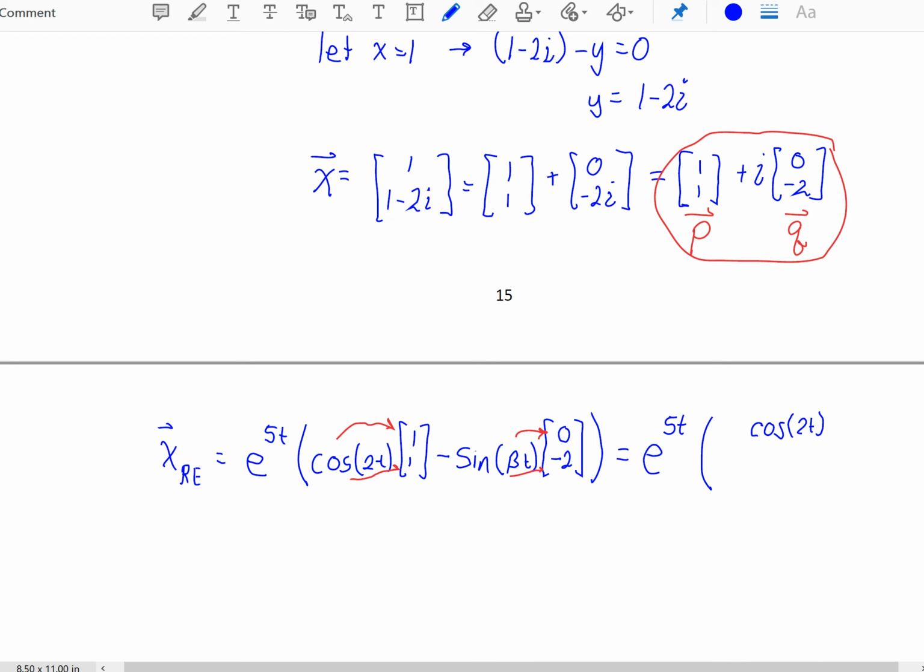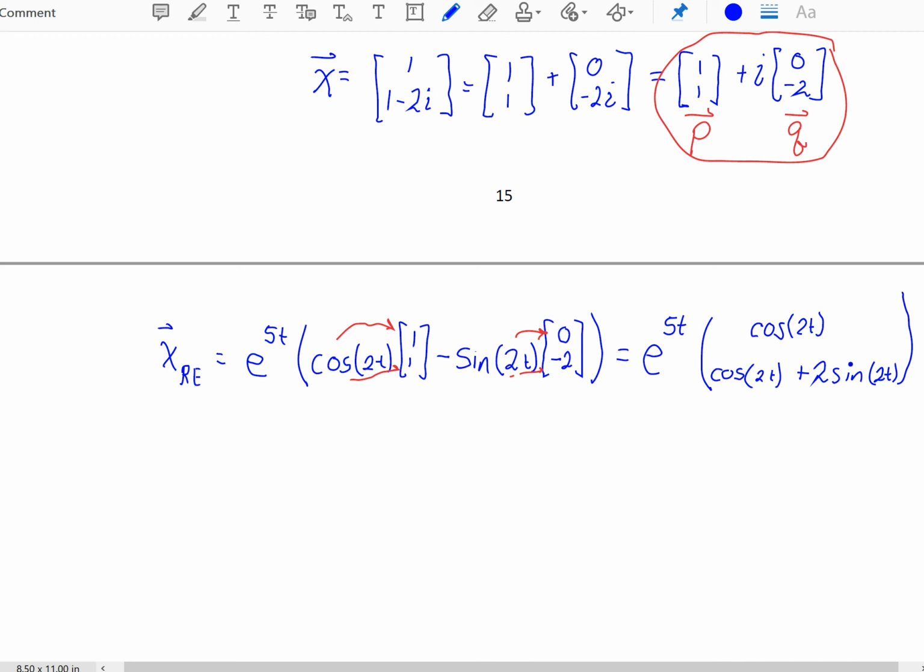And our second component is going to be cosine of 2t minus sine beta t. I don't know why I wrote beta t there. I should have written 2t times negative 2. So cosine 2t, and I think it'd be plus because they're double negatives, 2 sine 2t. And that's the simplest version of our real component of our vector.